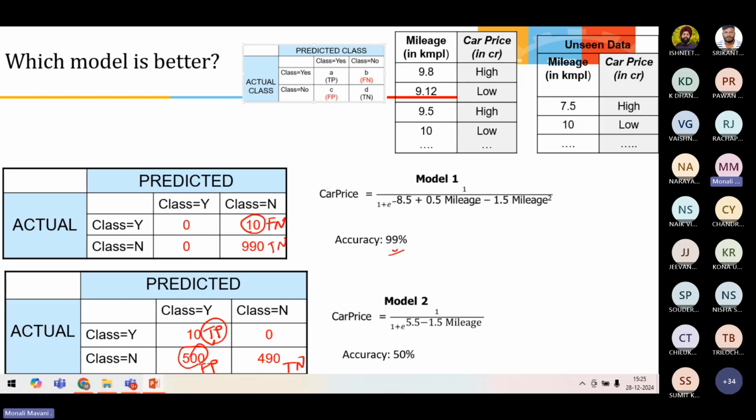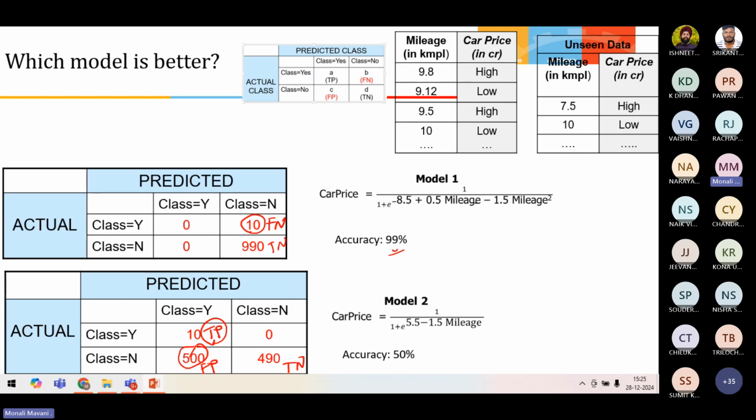So let me give an example, let's say a disease example or a fraud transaction example. I do not want to leave out any fraudulent transaction, even though I get many false positives. What do you mean by false positives? The transactions which are not fraudulent being predicted as fraud transactions.